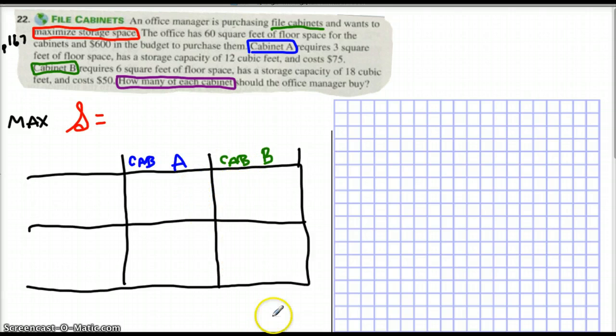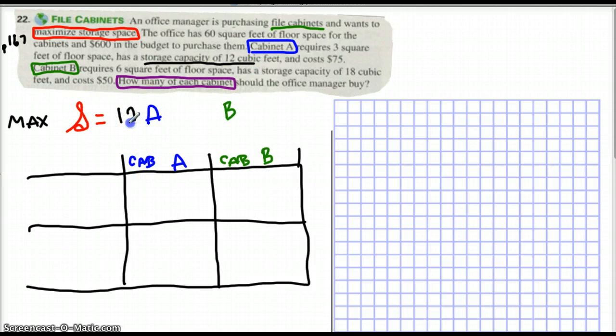And let's see here. We have now in our master equation, we're gonna maximize storage space. Now, how many of each cabinet should we buy? Well, we're gonna have an A plus a B, and we're trying to maximize storage space. So amongst this cabinet A, we want to find the stuff that's talking about storage space. So there it is. Storage capacity is 12 cubic feet.